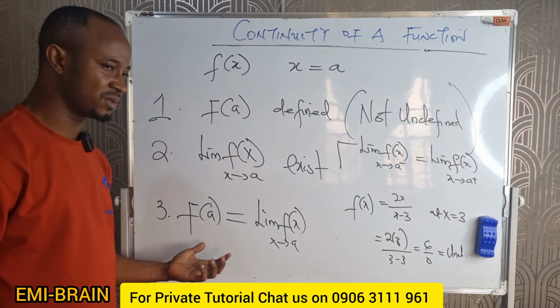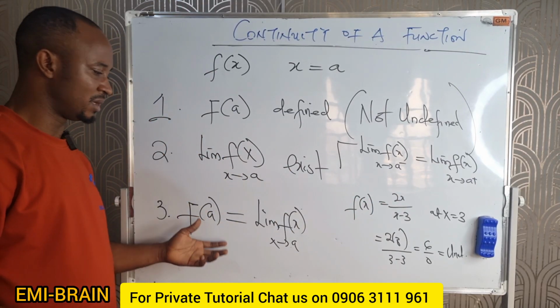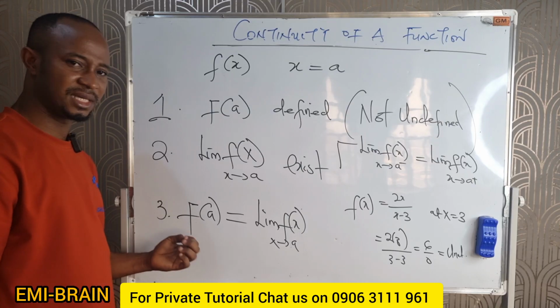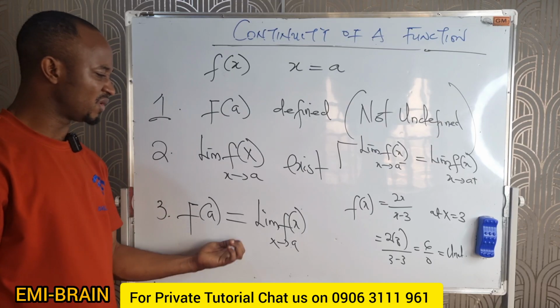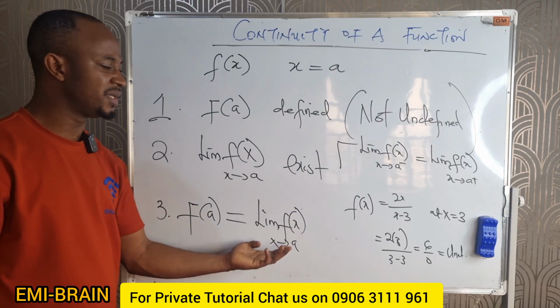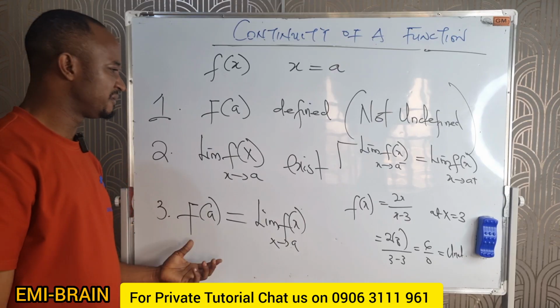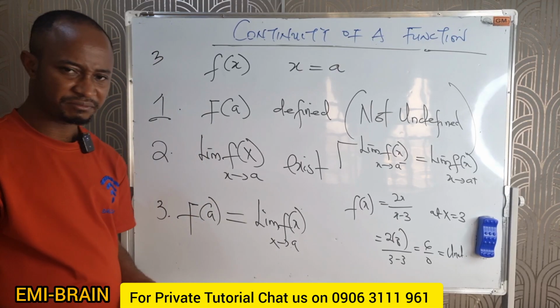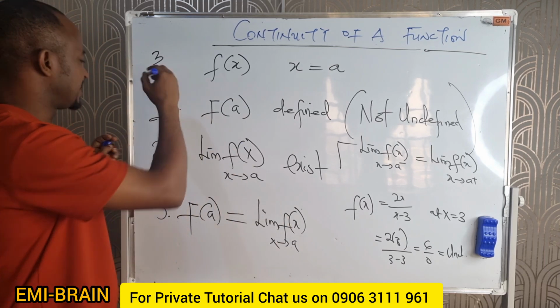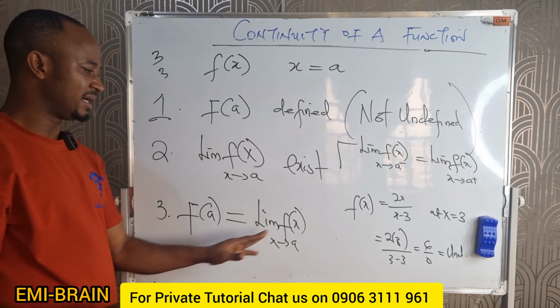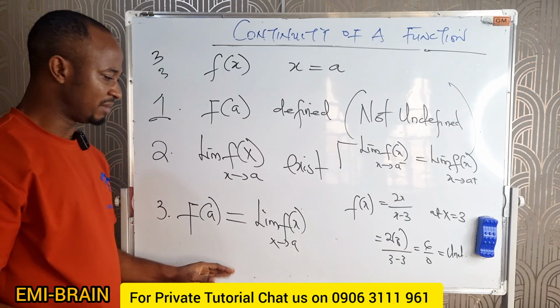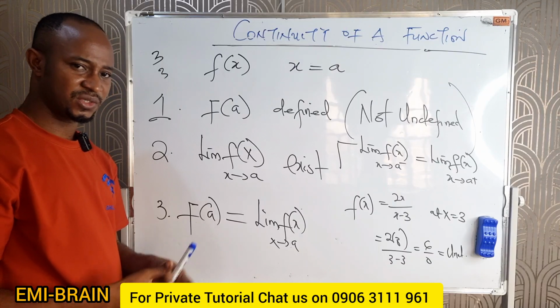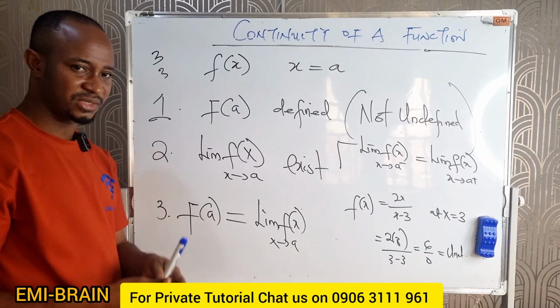The third condition must also hold, in the sense that f of a must be equal to the limit of f of x. Let's say, for example, f of a is 3 and your limit is 3. It means f of a and the limit are both equal, so the function is continuous at that particular point.